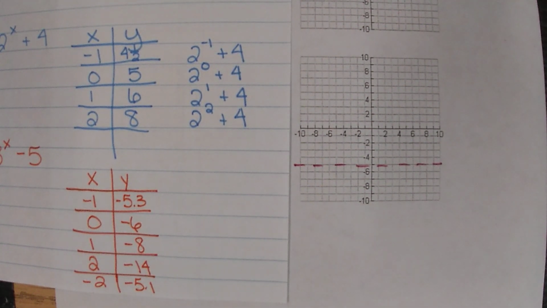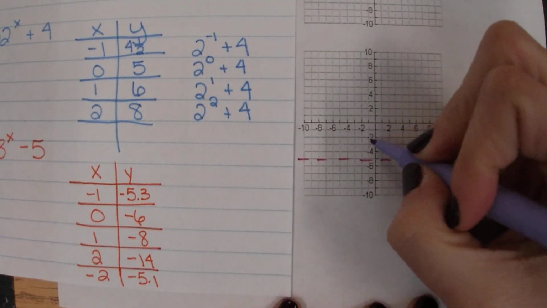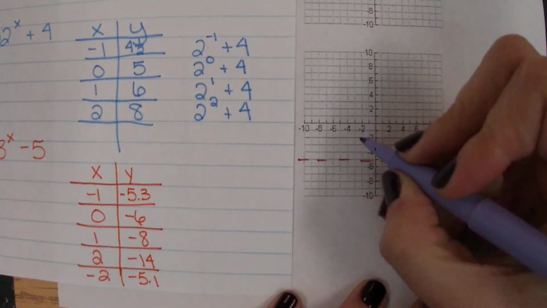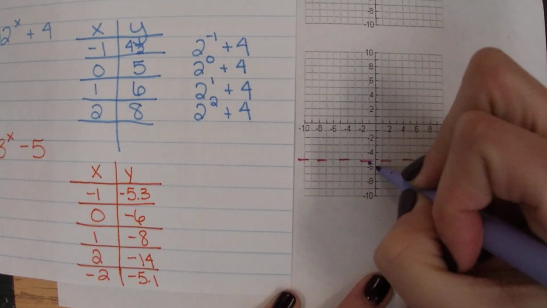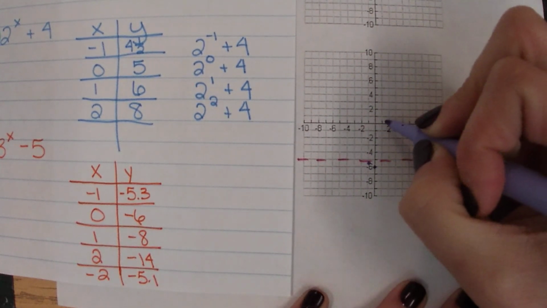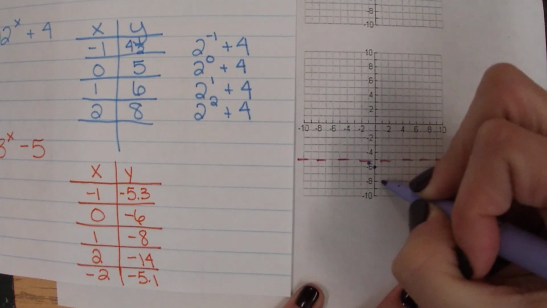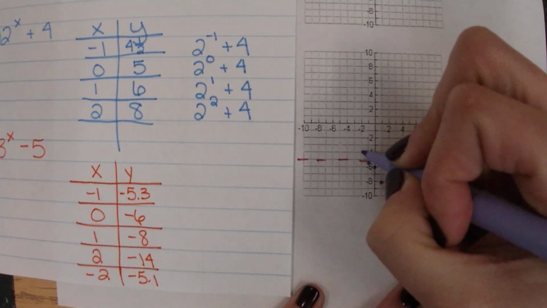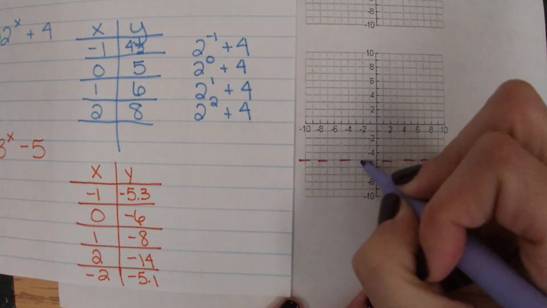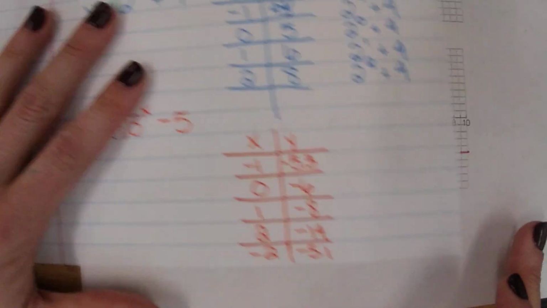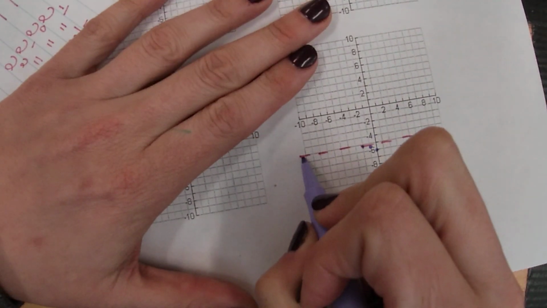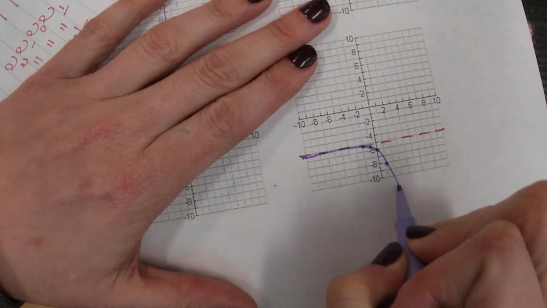So we have a point at -1, -5.3, 0, -6, 1, -8, and then -2, -5.1, right? And you can kind of see those are getting closer and closer. Now, this one had a negative A value, so it probably makes sense to us that this one opens down.